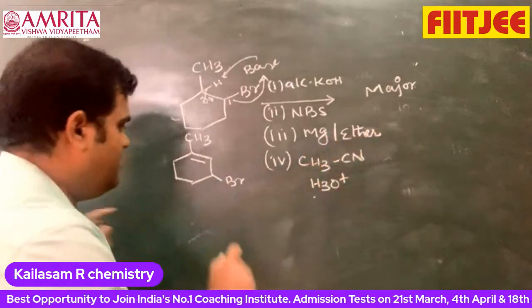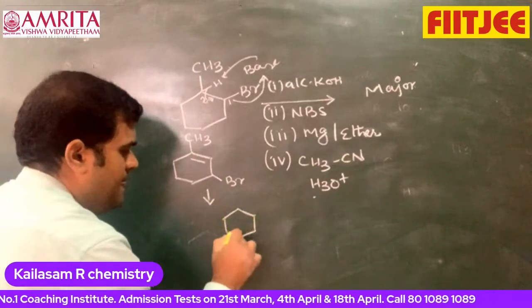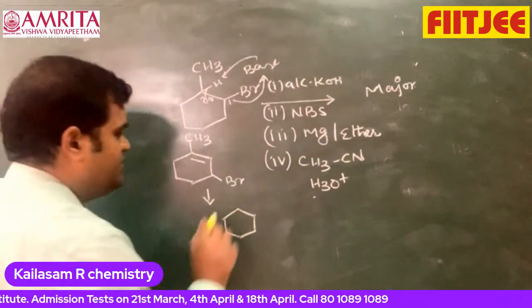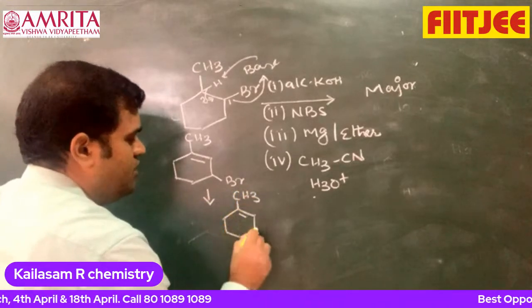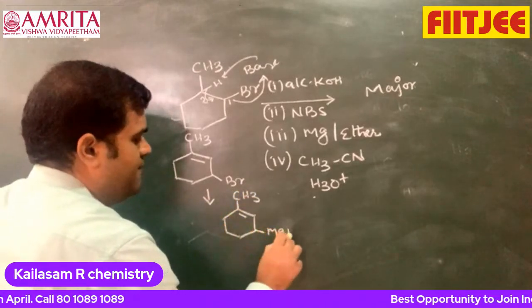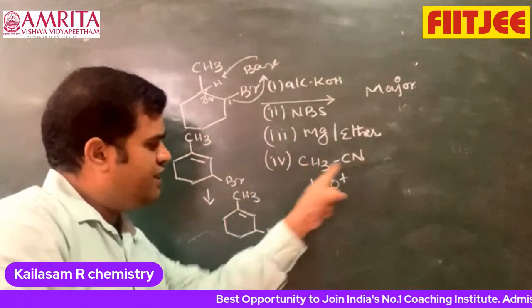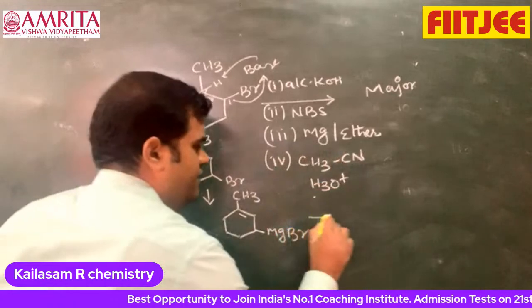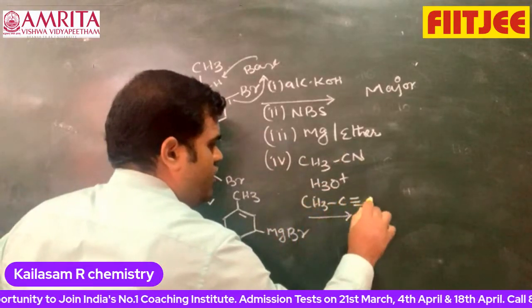Now Mg in ether, what are we going to get? We can make it the Grignard reagent, MgBr. And next is CH3CN, which I can write as CH3 C triple bond N.